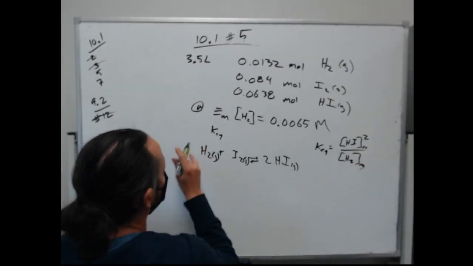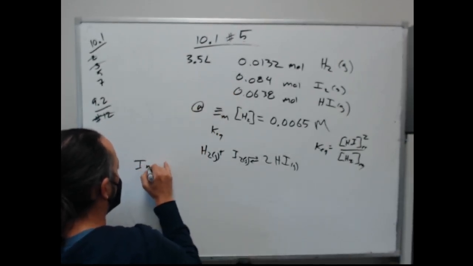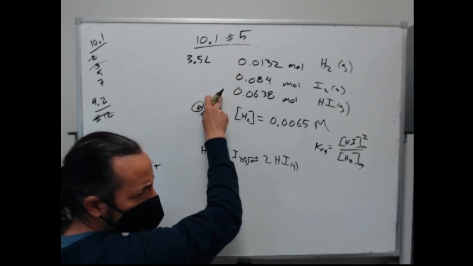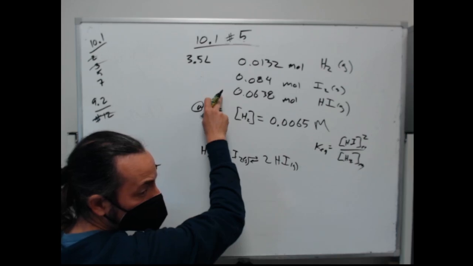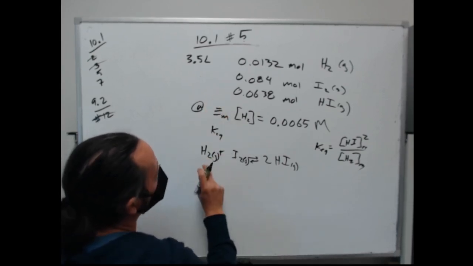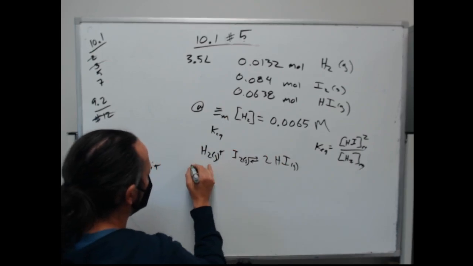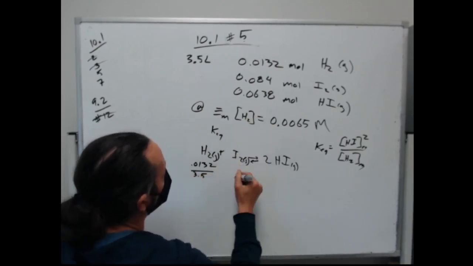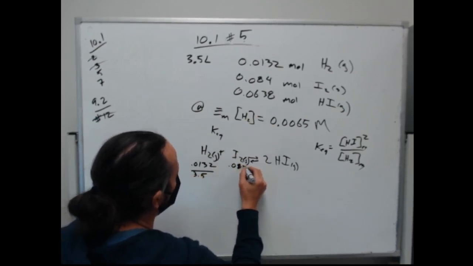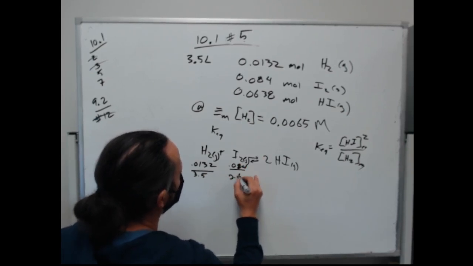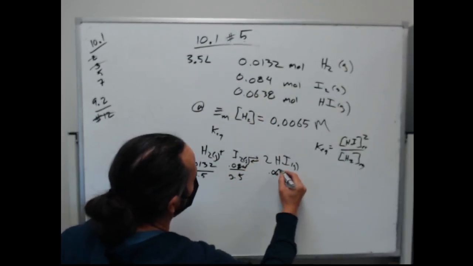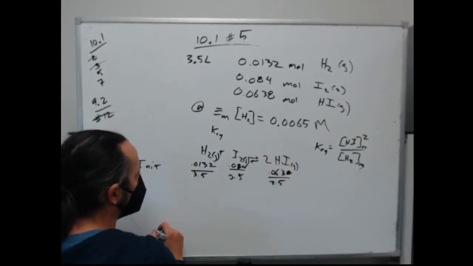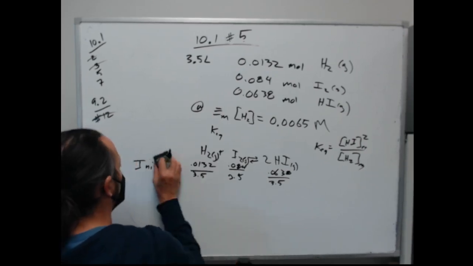I know my initials, right? These are the initials. My initial concentrations. And I'm given these in moles instead of concentrations? Yeah. Silly. Right, so it just puts an extra step on us. 0.0132 divided by 3.5, 0.084 divided by 3.5, and 0.0638 divided by 3.5. If we want to get our initials, we got to get them into concentrations.